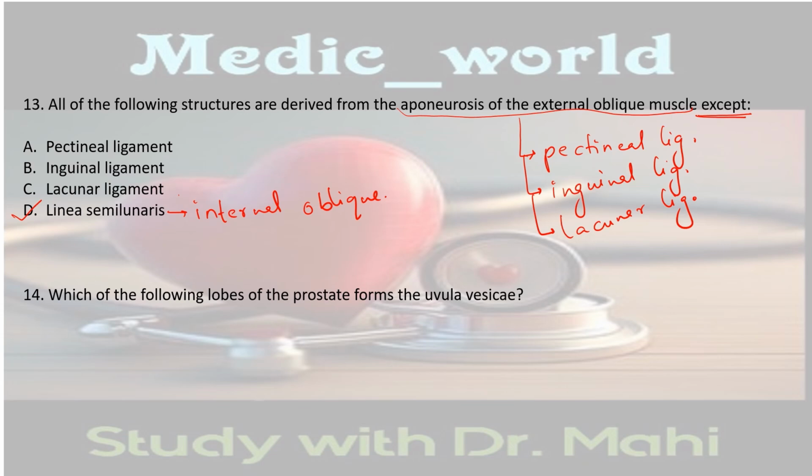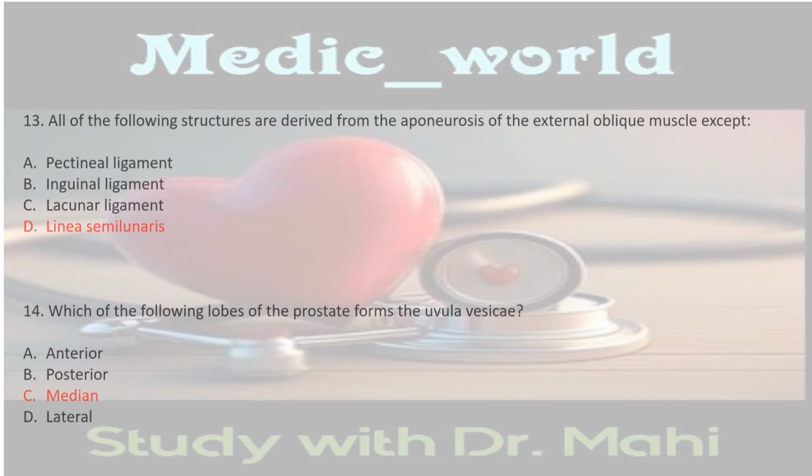Uvula vesicae is an elevation in the mucous membrane of urinary bladder behind the internal urethral orifice. It is often enlarged in the cases of benign prostatic hypertrophy. So the answer to this question is median lobe. Now the next question.